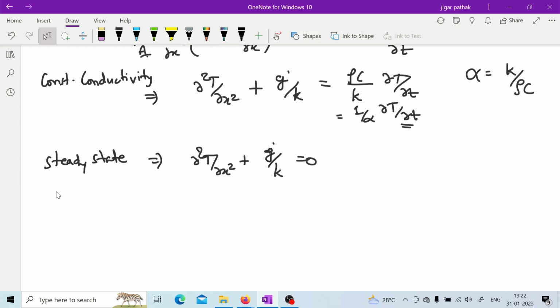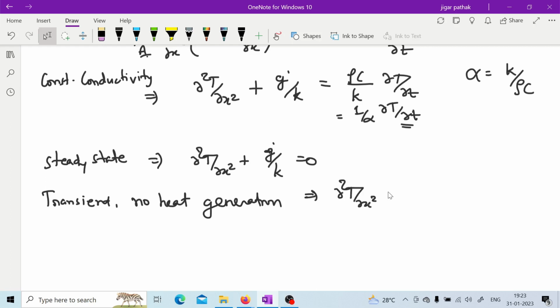Now in case of transient with no heat generation, it will be del square T upon del x square equals 1 upon alpha del T by del t, right?